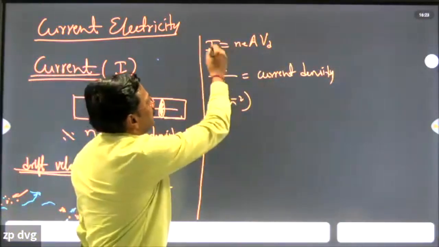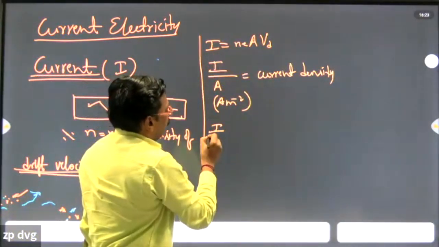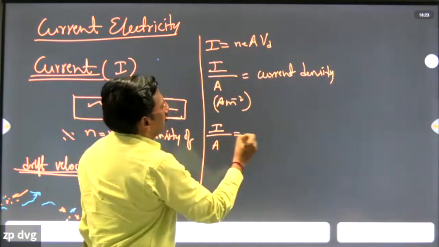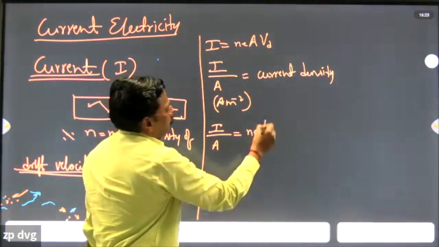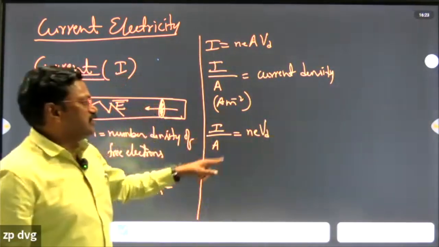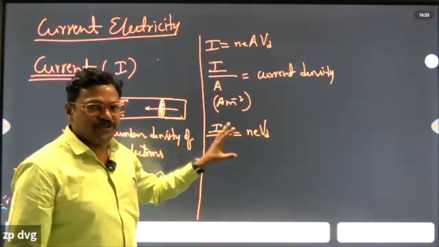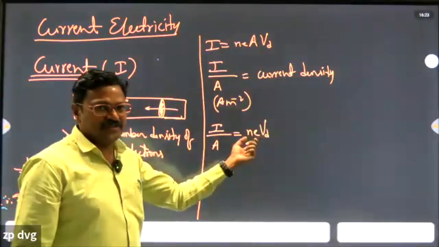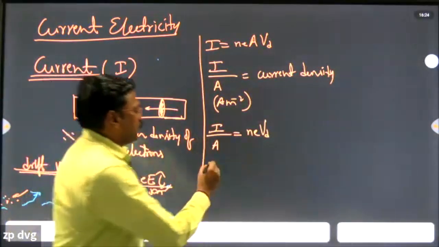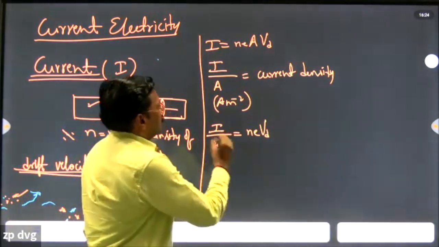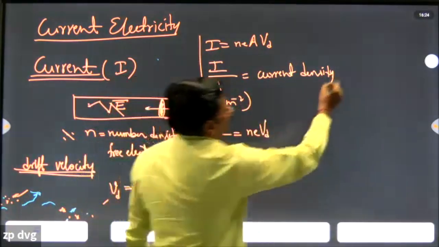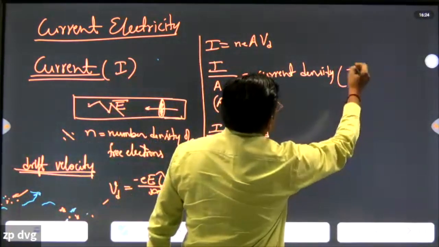Now the equation for current density from this expression is I by A equals n e Vd. So current density is given by n e Vd. This is the equation for current density in terms of drift velocity. There is another important relation for current density, which is represented by the symbol J. J is the symbol for current density.